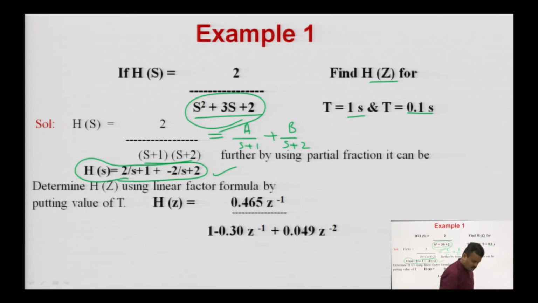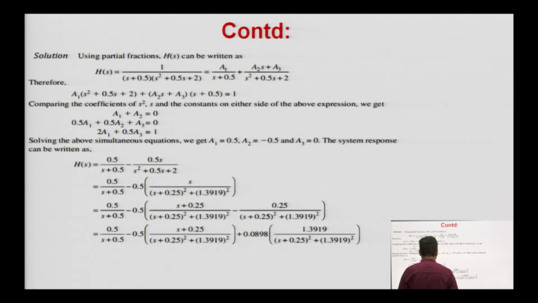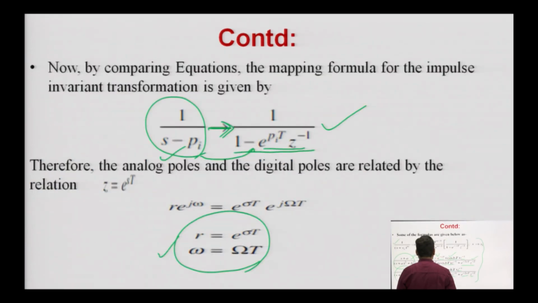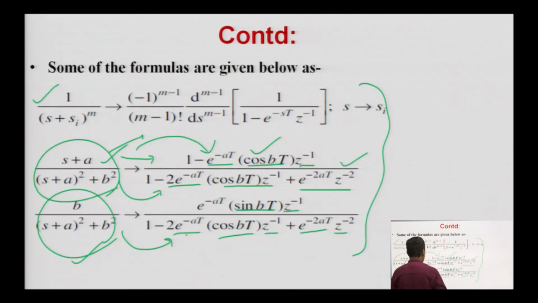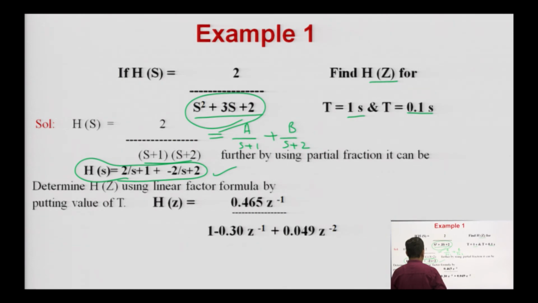What formula? I just told you this formula. Okay. 1 upon s minus p_i is converted into 1 upon 1 minus e to the power p_i T z to the power minus 1. So, here 1 upon s plus 1 is there.